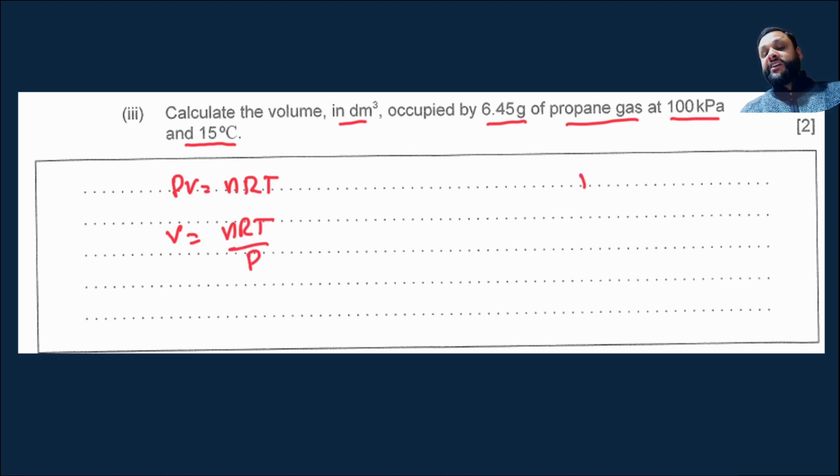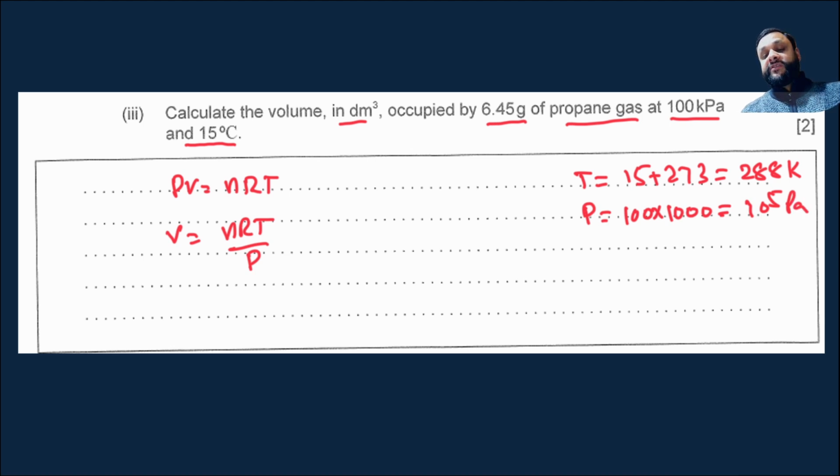Temperature has to be in Kelvin, so 15 plus 273 gives 288 Kelvin. Pressure has to be in Pascal, so 100 times 1000 gives 10 to the power 5 Pascal.